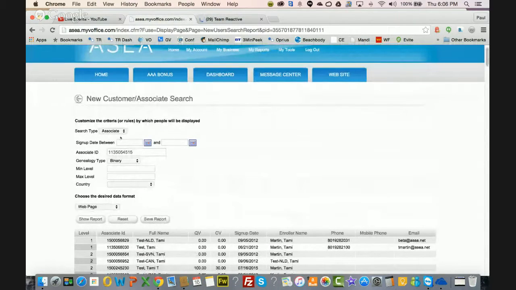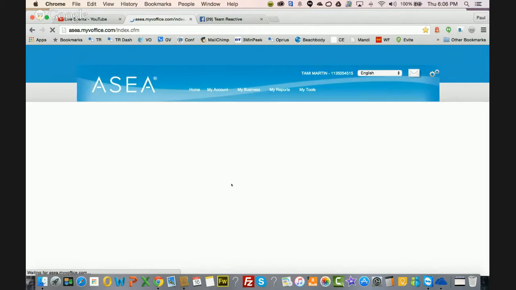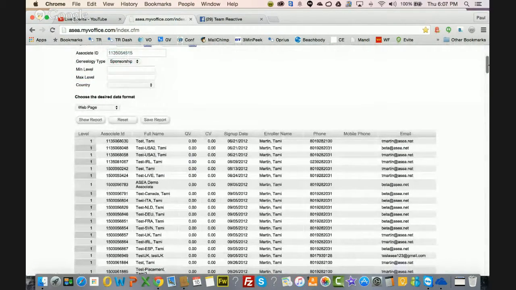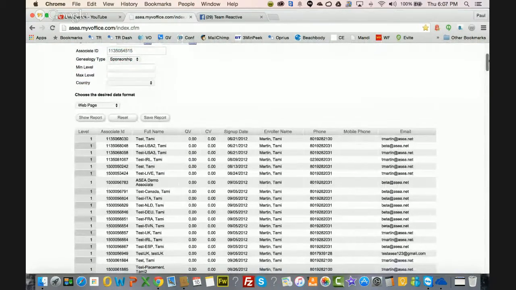You can set a certain date range you'd like to see when they came in, maybe the last week or 2 weeks. Say I want to see everyone that came in the last week. You can actually go to someone's specific ID as well. If you wanted to see a binary or sponsorship tree type mode, you can do that as well. Then click show report, and it would filter out by that criteria. So just a heads up there.